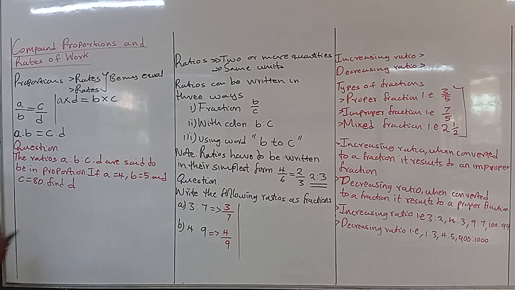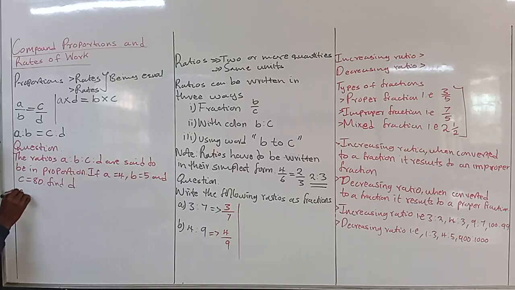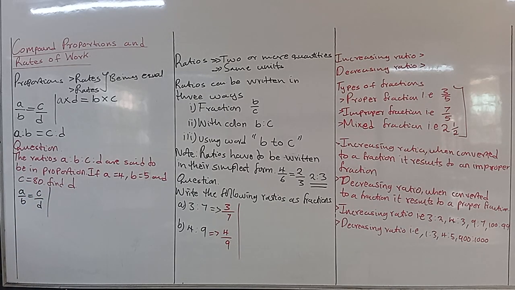So in proportion, we have A out of B is equal to C out of D. You have been given A, B, C, so you replace the letters with the respective numbers.